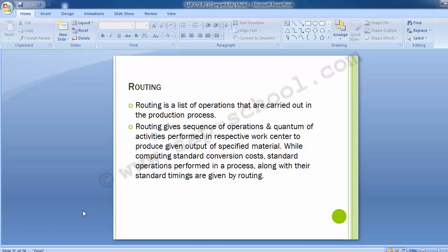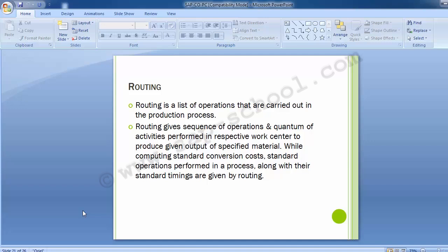In production planning, manufacturing, a routing is made up of a series of operations that include a work center and activity quantities, which define a production process. In production planning process industries, a master recipe is used for batch-oriented process manufacturing.